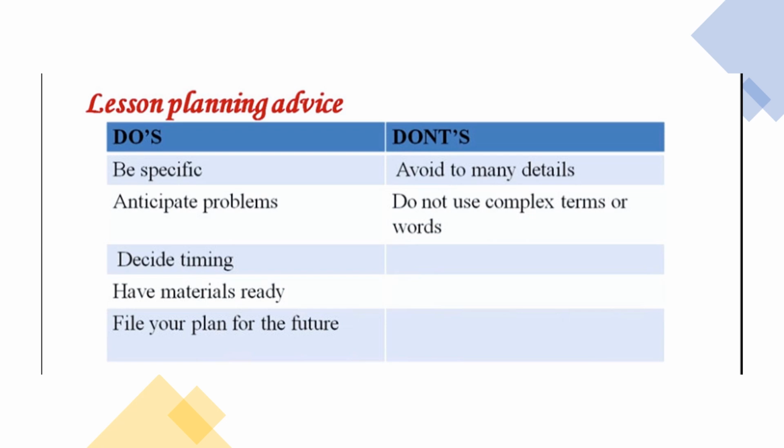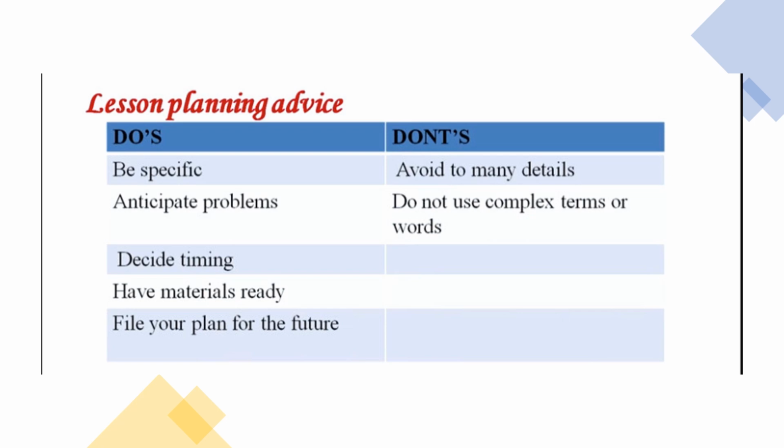So here you have lesson planning advice, the dos and don'ts. So do, please be specific, anticipate problems, decide timing, have materials ready, file your plan for the future. Don't avoid too many details.